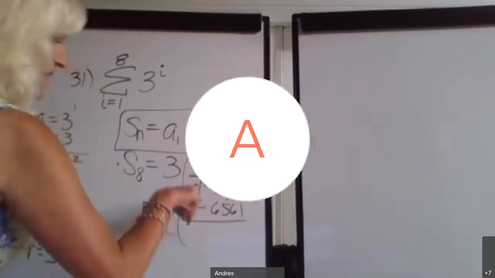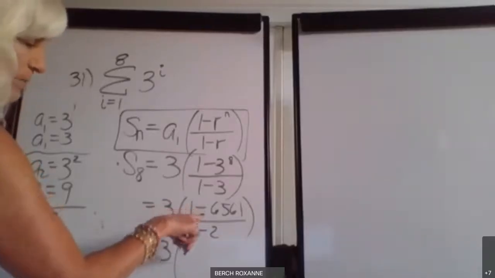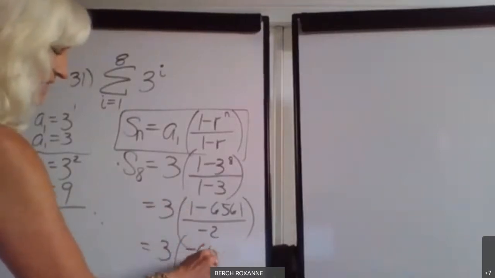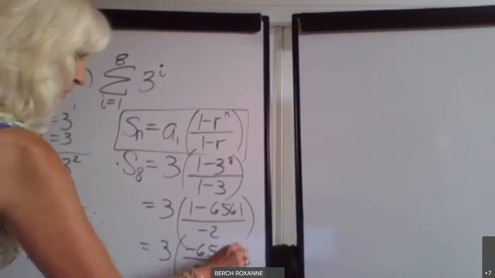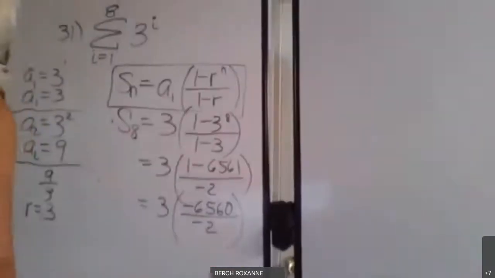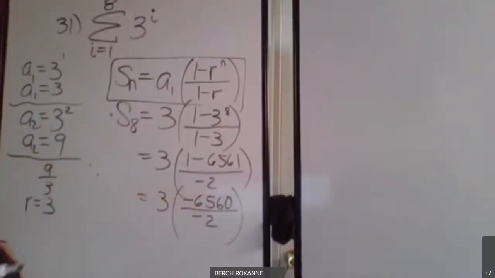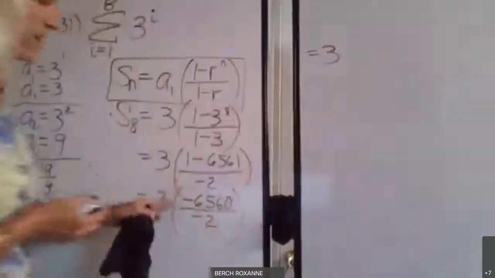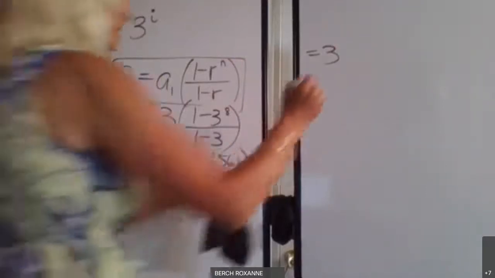Thank you. And then 1 minus that would be a -6560. So this would be 3 times that, and that would be a -19,680 over a -2. And I would simplify that. Can you guys see this? I would simplify this. I would divide 6560 divided by 2. So a negative divided by a negative is a positive. What's 6560 divided by 2?